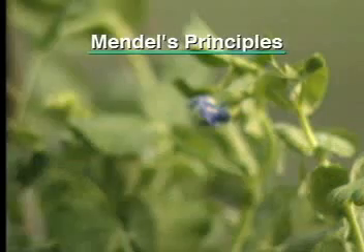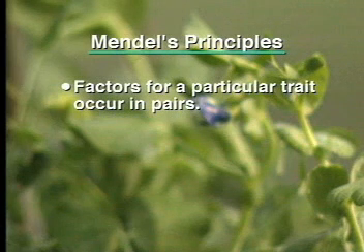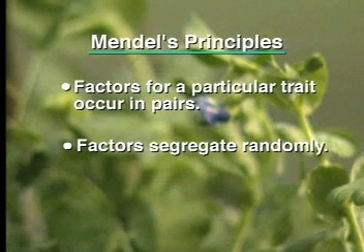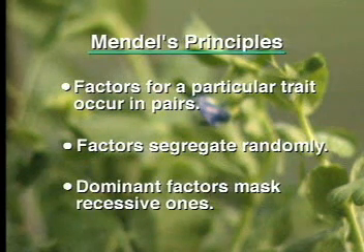terminal flowers. To explain these results, I believe that the hereditary factors must occur in pairs. These factors must separate in the parent plant, and then each parent must give one factor randomly to the next generation. I will call these factors either dominant or recessive. The dominant factor masks the recessive factor.